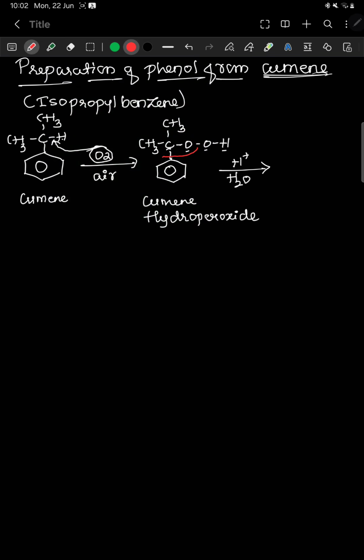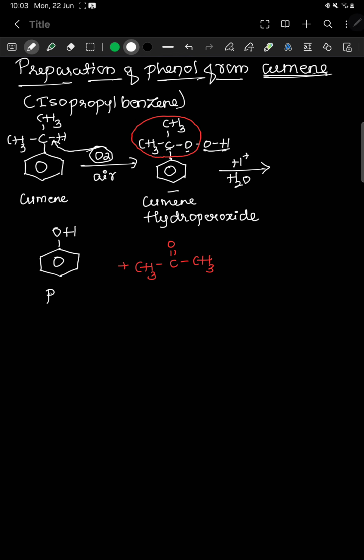This entire group is removed, and it comes in the form of CH3, C double bond O, CH3. Along with this, our original molecule, benzene, is left with an OH group. So benzene with OH is called phenol. This CH3COCH3 is called acetone.